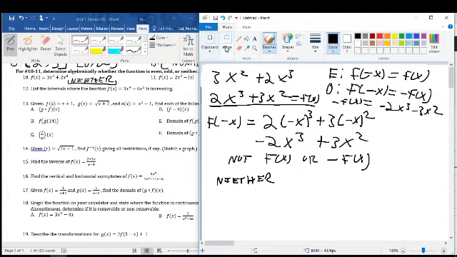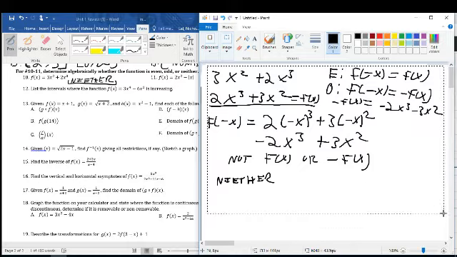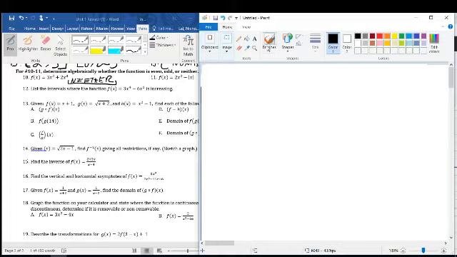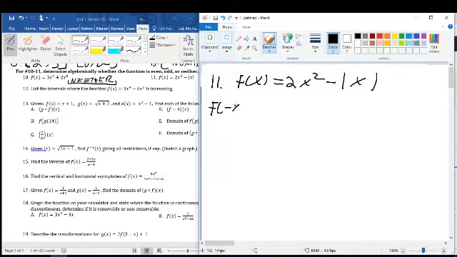All right. For 11, f of x is equal to 2x squared minus the absolute value of x. So f of negative x would be equal to 2 times negative x squared minus the absolute value of negative x.